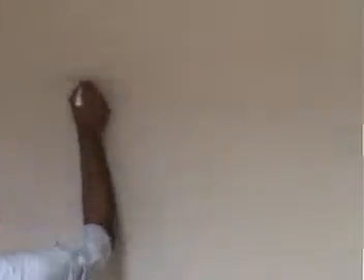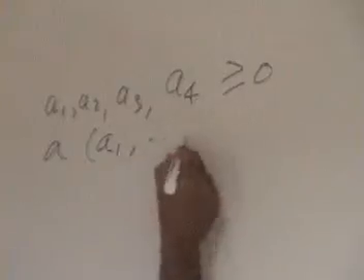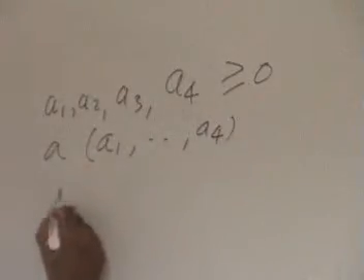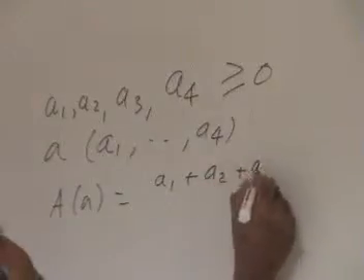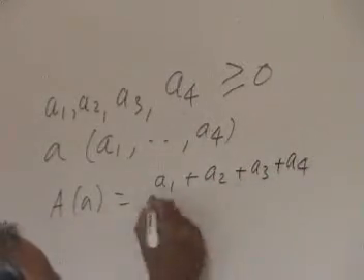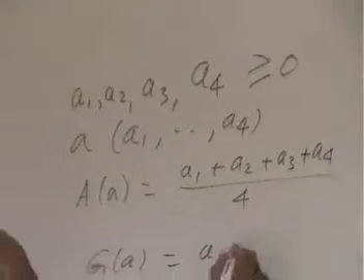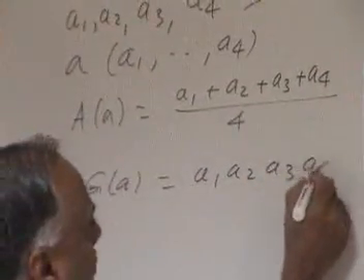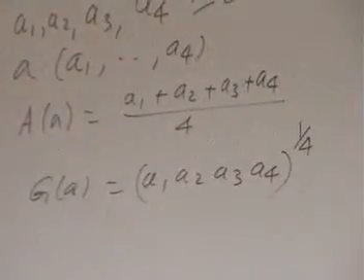So I have A1, A2, A3, A4 greater than or equal to 0. A is my vector A1, A2, A3, A4, and AA is A1 plus A2 plus A3 plus A4 by 4, and GA is A1, A2, A3, A4 to the power of 1 over 4. Okay?